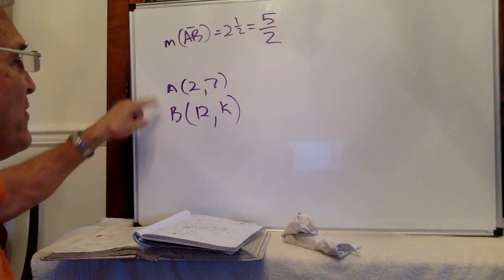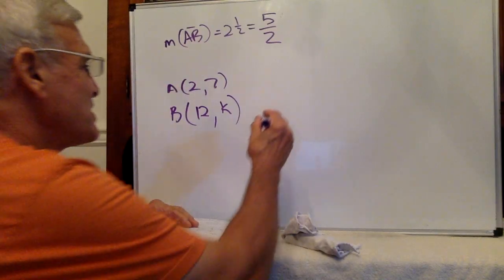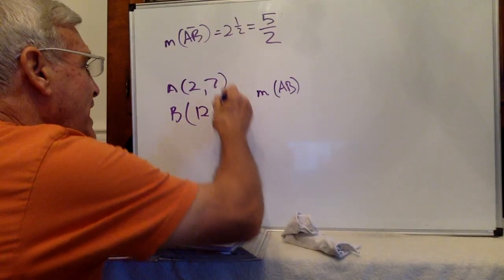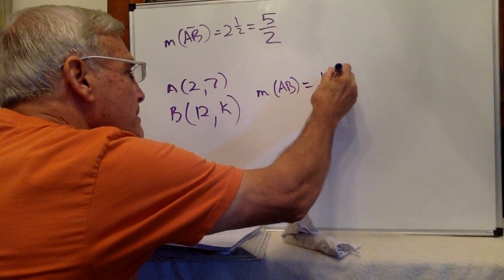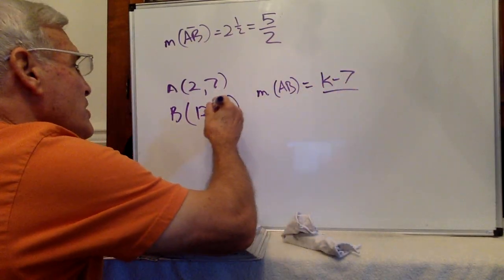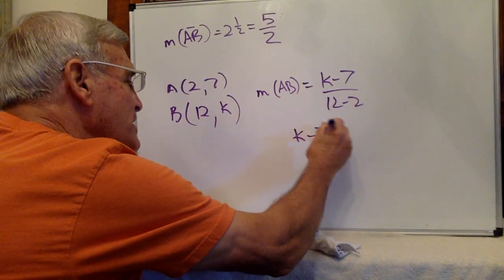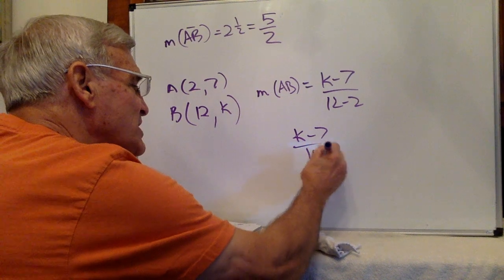The slope of AB is change in y, K minus 7, over 12 minus 2. Well, that gives me K minus 7 over 12 minus 2, which is 10.